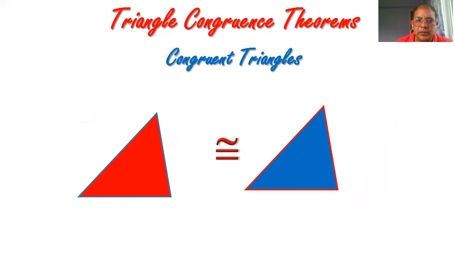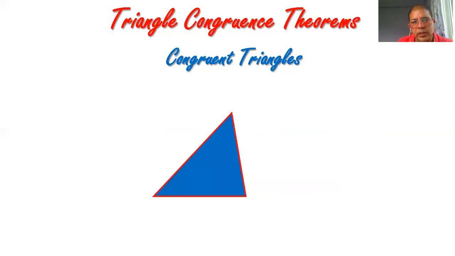Now you can observe this side is equal to this side, and this side is equal to this side. Similarly, this angle is equal to this angle, this is equal to this one, and this is equal to this angle. So all sides and all angles are equal here. So these two triangles are congruent.